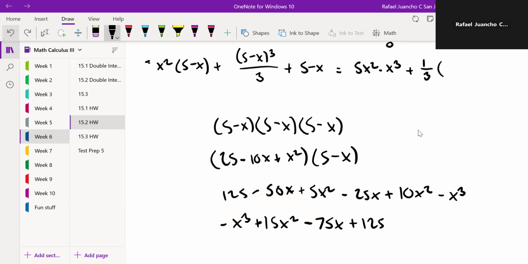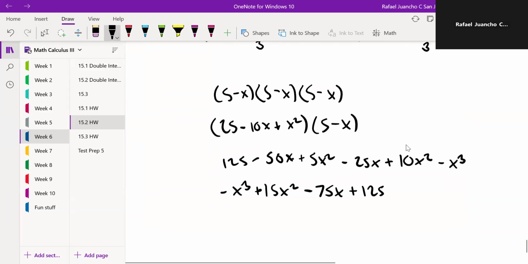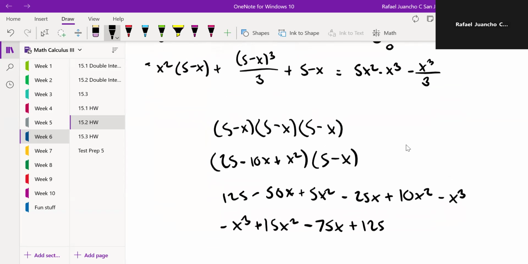That's what I'm doing. Oh no, it's a plus. Whoops, my bad. So it's plus 1/3, so I keep my sign. Right. So I just divide everything by 3.